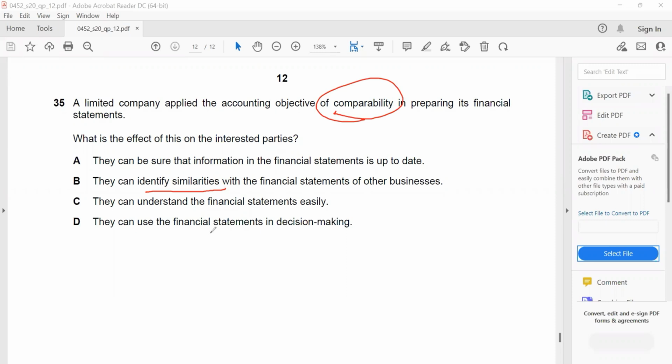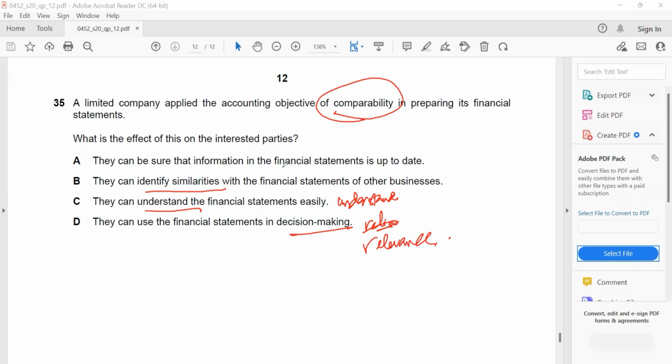They can use the financial statement in decision making. So here what we have is understandability. This is under the objective of understandability. Whereas this one, decision making, this is more relevant under the relevance objective.